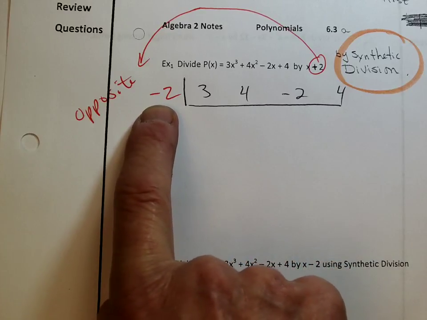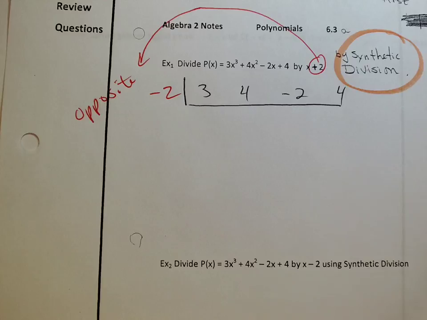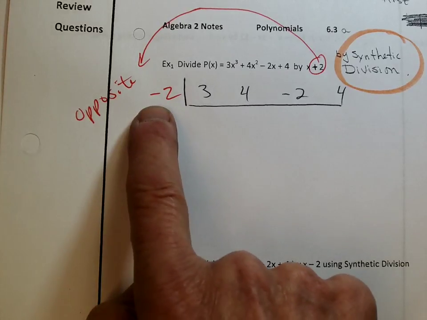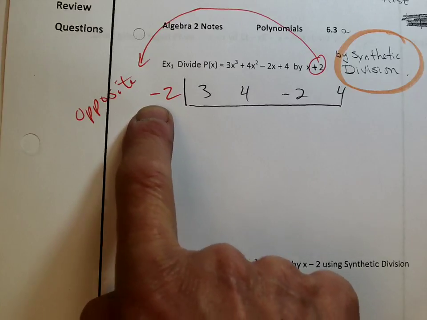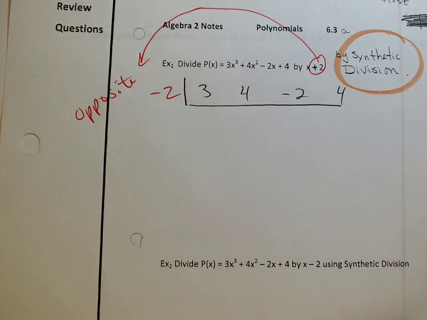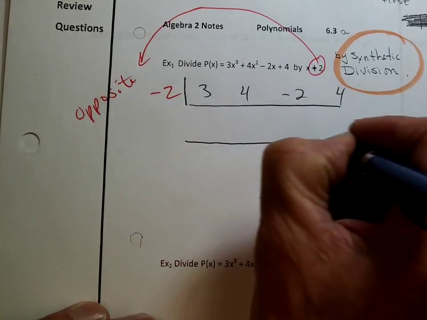So in a sense, we're going to add, because we're adding the negative, which is subtracting, isn't it? So when we do this whole synthetic division, we're going to add. We're not going to subtract at all, because by changing this sign right here, we are adding a negative, which is subtraction.